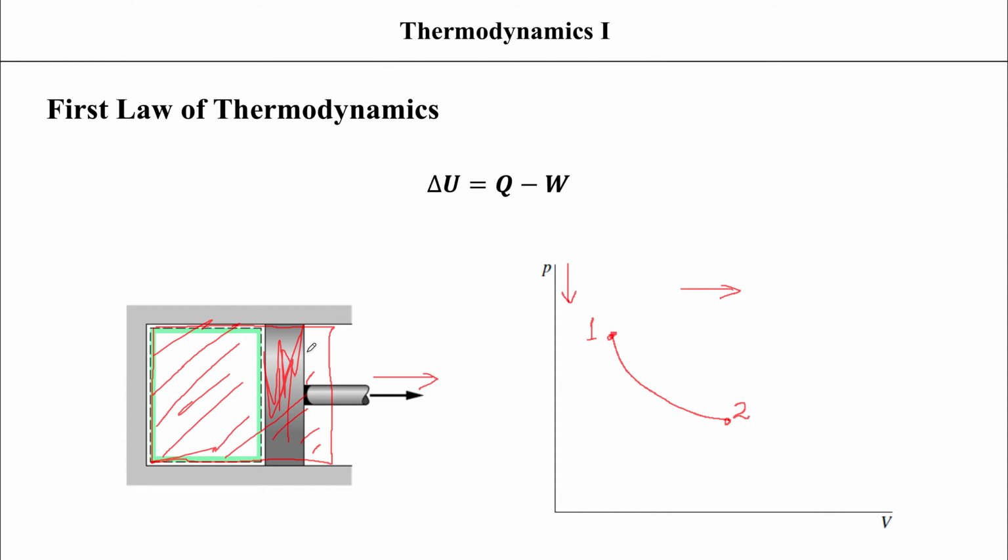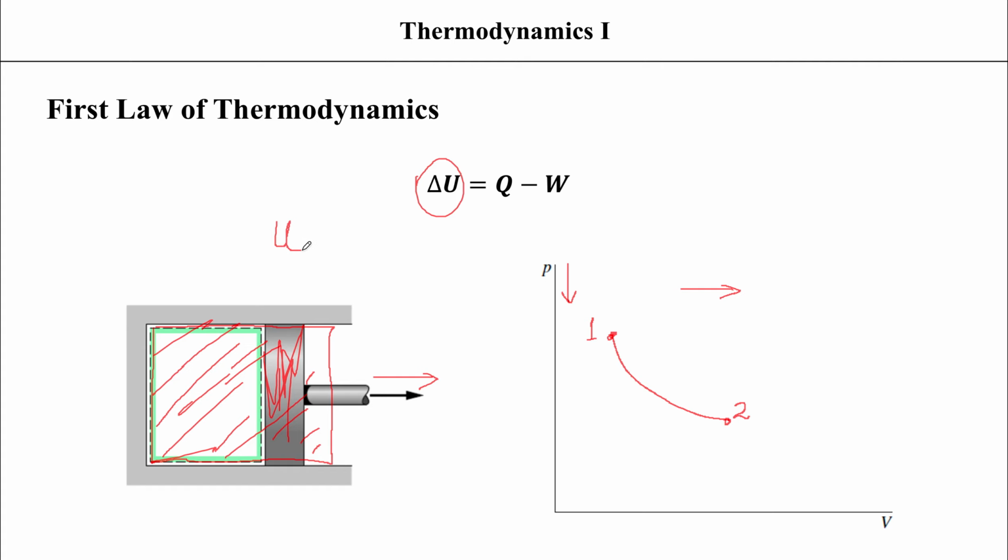And what is temperature? Temperature is just a measure of the average kinetic energy of the particles that are within this gas, okay? So for ideal gases, this means that internal energy is basically directly proportional to temperature.